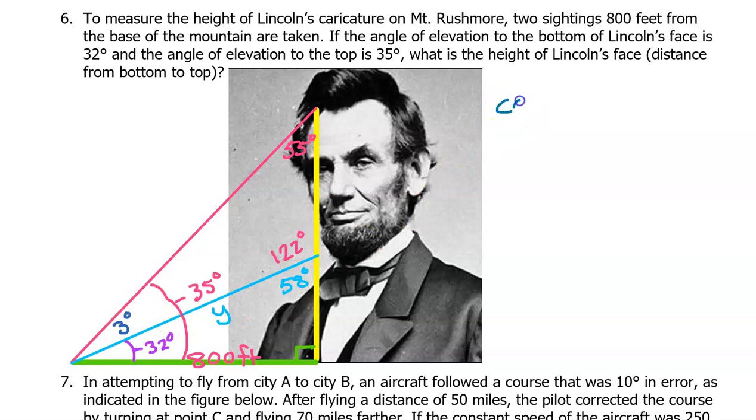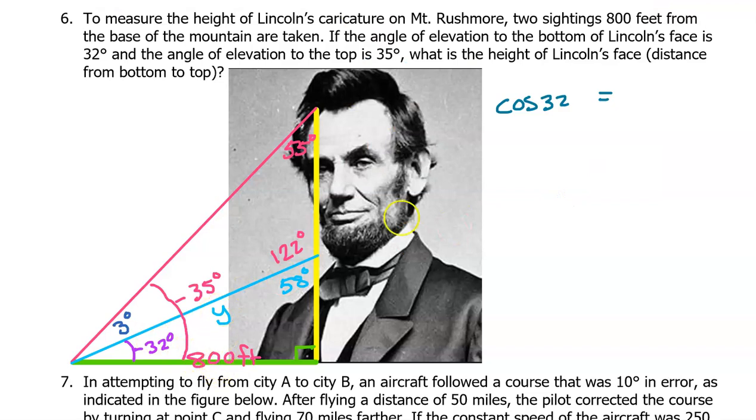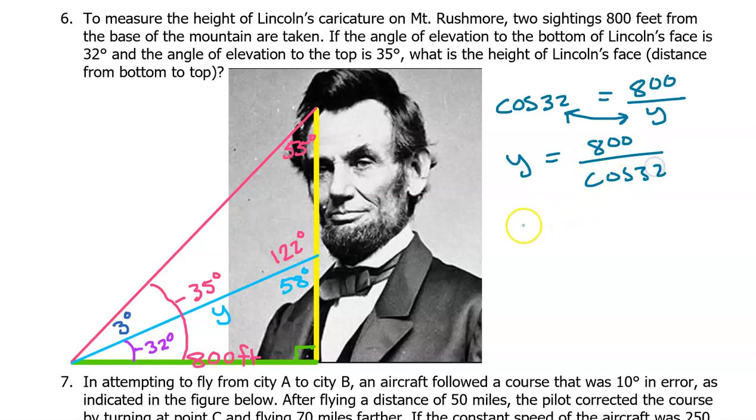The cosine of 32 degrees, remember cosine is adjacent over hypotenuse, is 800 over y. And we've learned that when the variable is in the denominator, we can swap these. So that gives us y equals 800 over cosine 32.